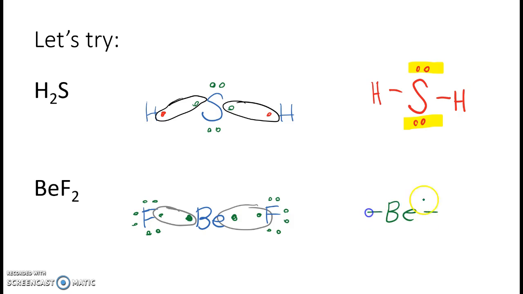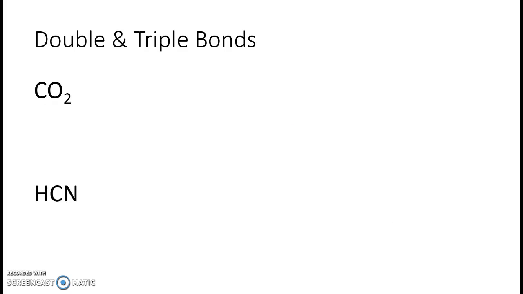I'm going to draw a line to represent a bond. This one line represents 2 electrons being shared. We're going to look at 2 more complicated examples with double and triple bonds.